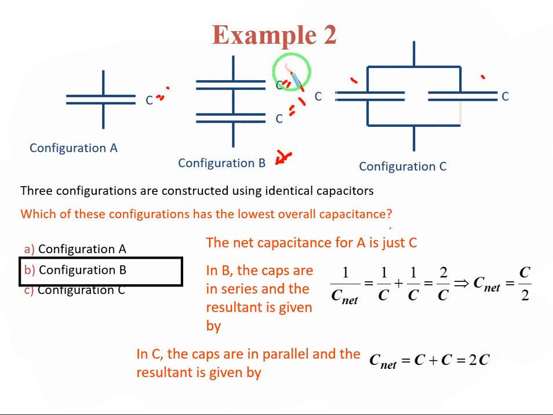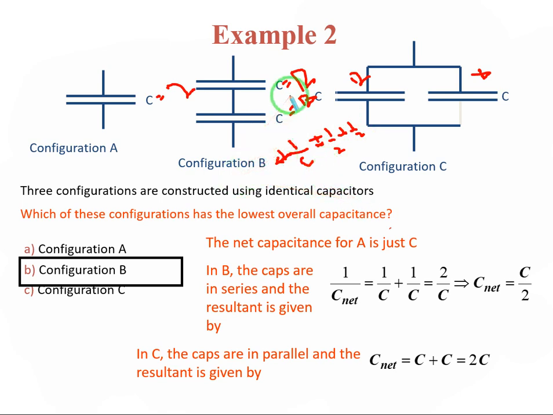Once we change it, this is 2 and this is 2. So in this case C is equal to 2, in this case C is equal to 4, but in the series case we have 1 divided by 2 plus 1 divided by 2.